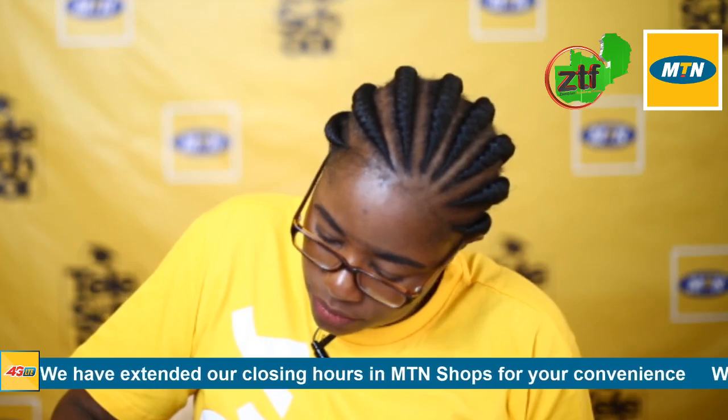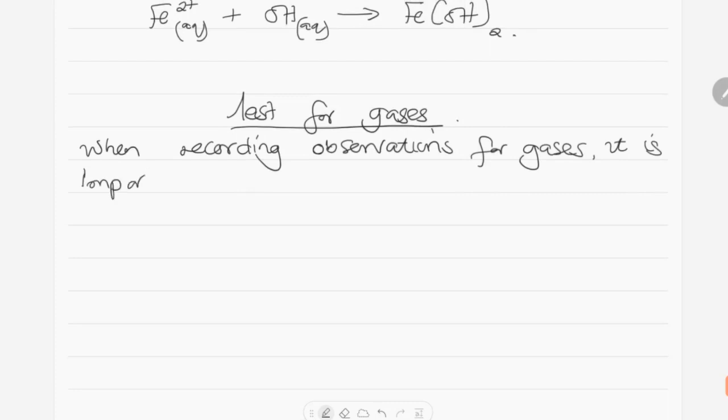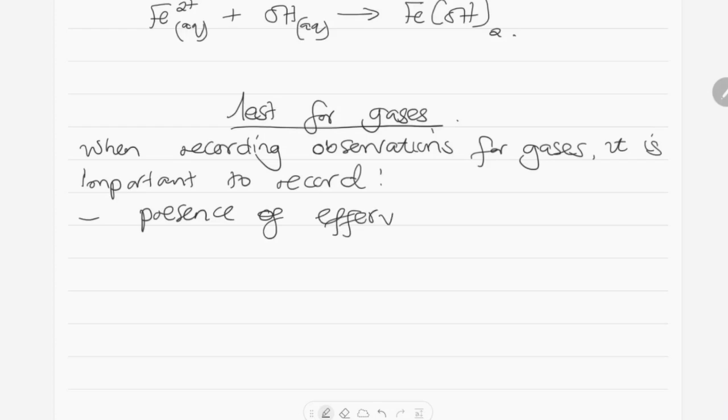So when recording observations for gases, it is important to record one, presence of effervescence, if any.